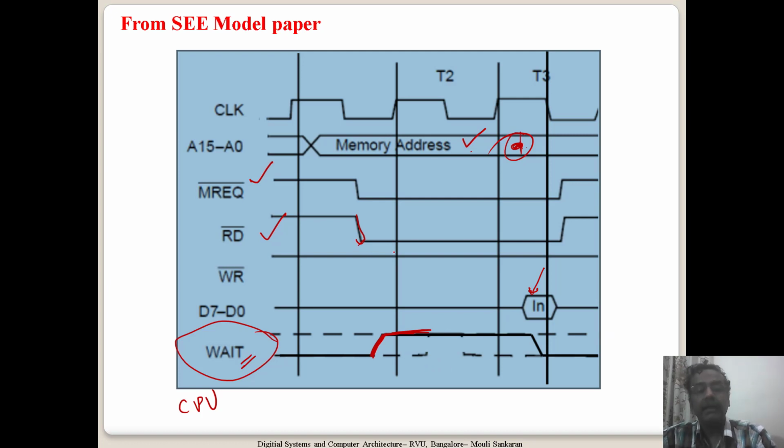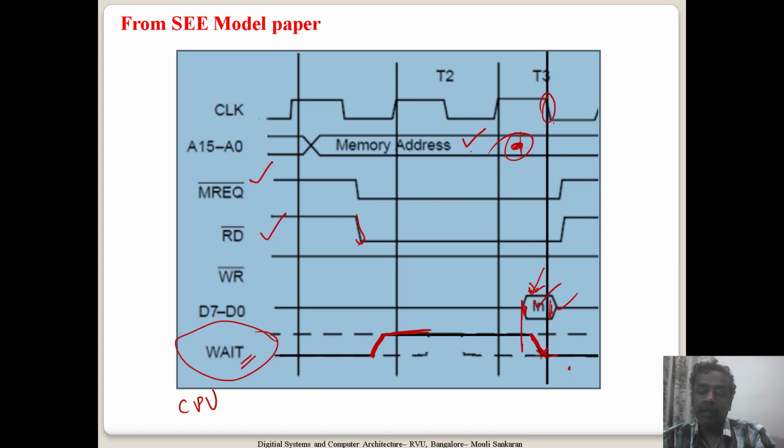The memory read cycle is still pending. Now once the memory puts the data out at this point, it will bring down the wait signal, saying that, hey, I have put the data now. Then as soon as the CPU sees that the wait is going down, it means that the data is ready, so it will latch the value on this particular edge.